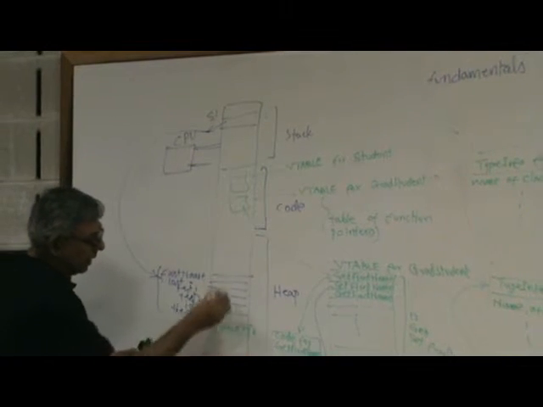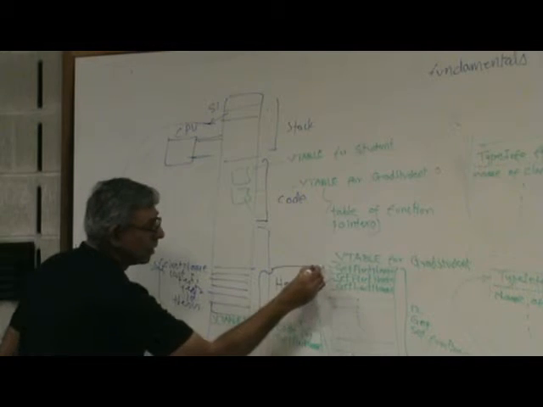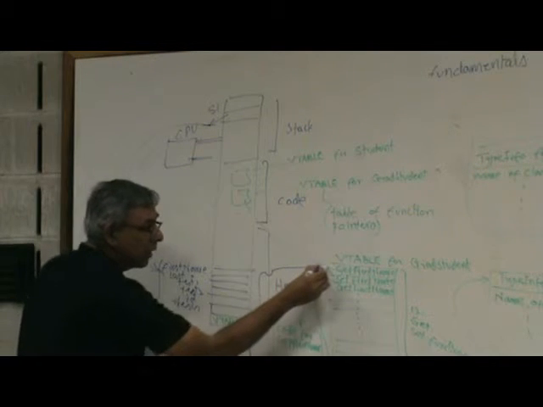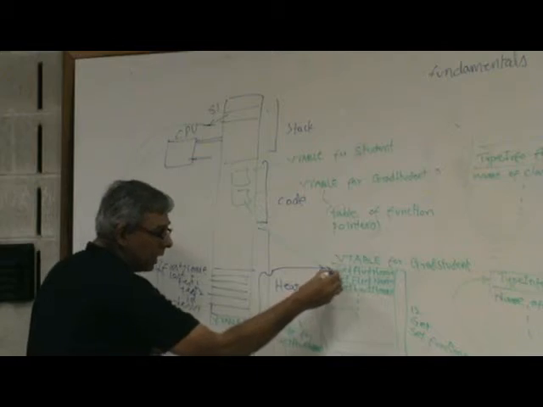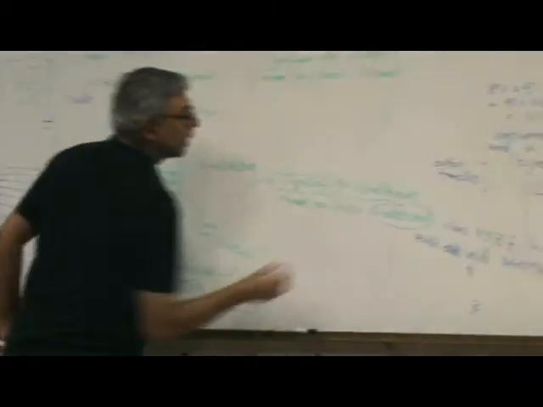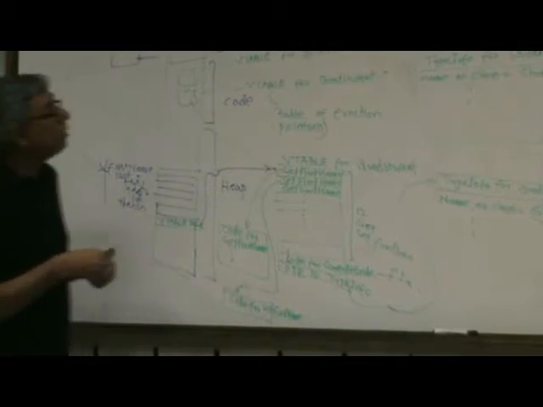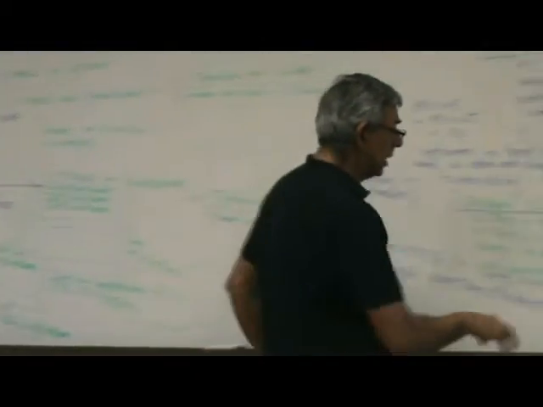Student or grad student? Grad student. So from here, if we can go from here to here, correct? And then from here, if we can go to the type info, we will be able to find out the grad student, right?